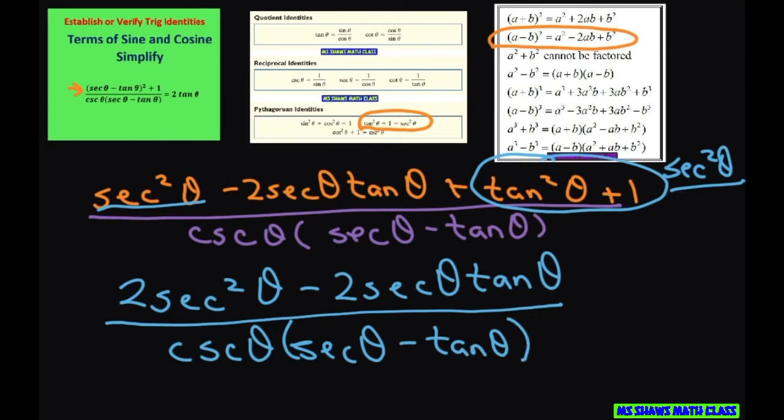Now the next thing I'm going to do is factor out a 2 secant. When I factor out a 2 secant, I'm going to get this.